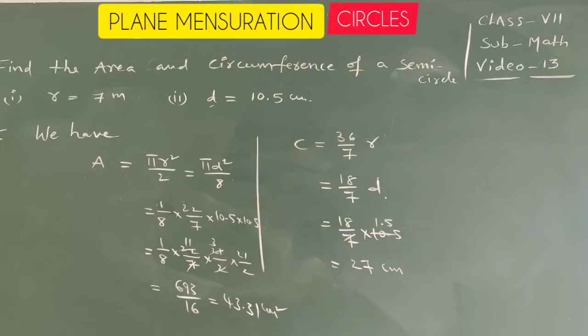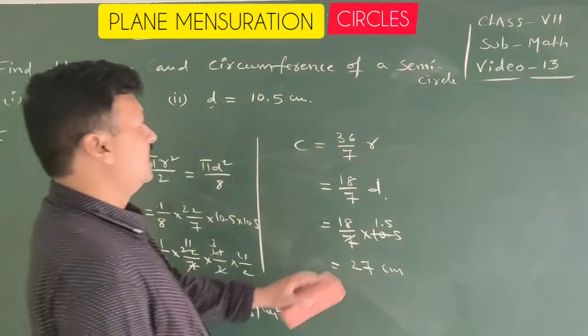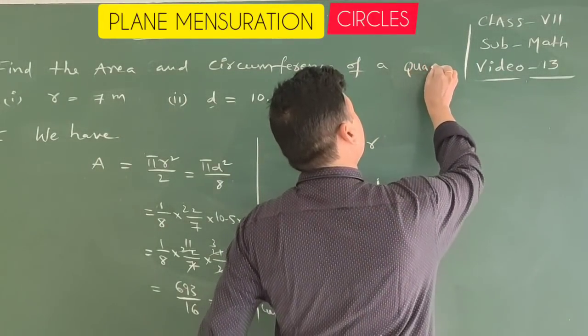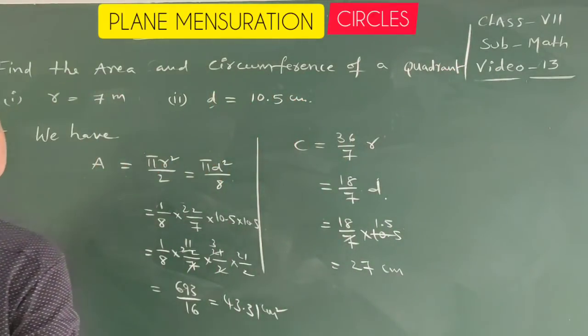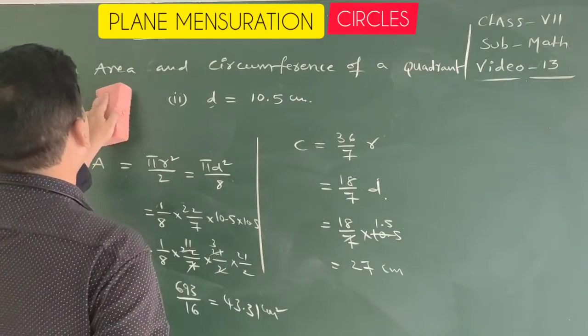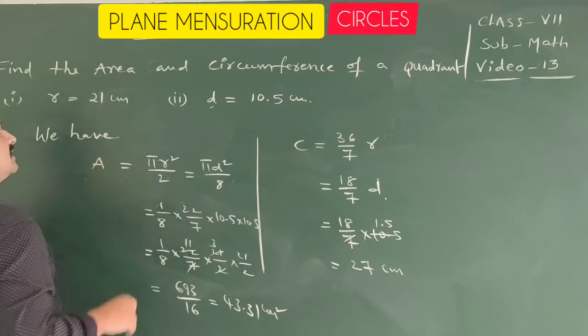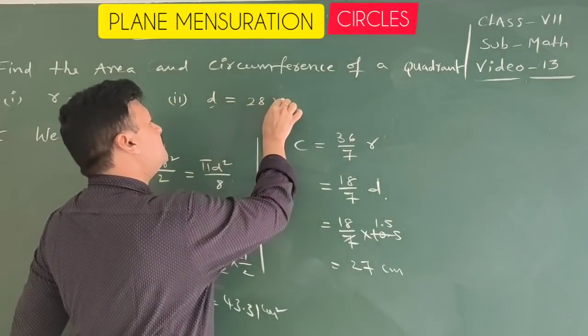Okay, next. Find the area and circumference of a quadrant when r equals 21 centimeters and D equals 28 meters.